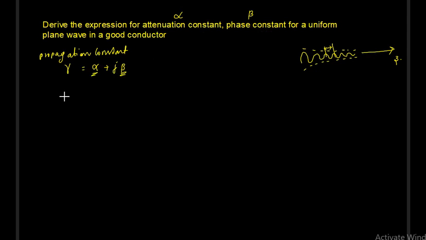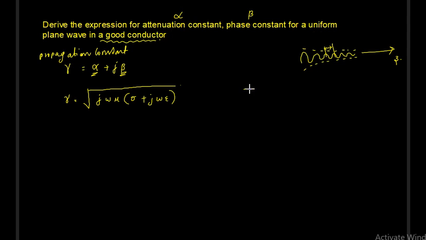Now we have earlier derived the expression of gamma. It can be written as the square root of j omega mu times the bracket sigma, the conductivity of the medium, plus j omega epsilon. And here, what is the value of alpha and beta of a good conductor?